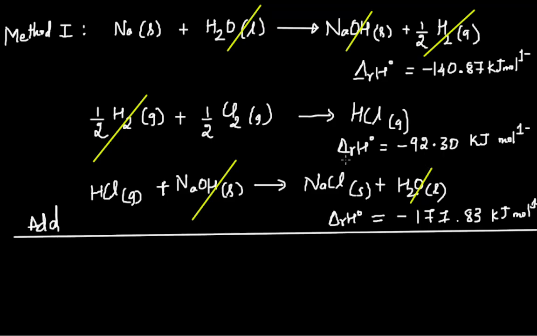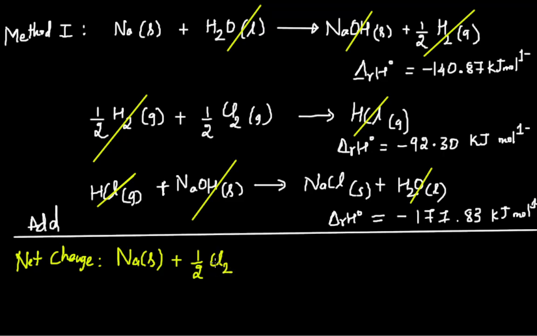Now what you have is Na and half Cl2, and the HCl gas also cancels. The net change is Na solid plus half Cl2 gas.